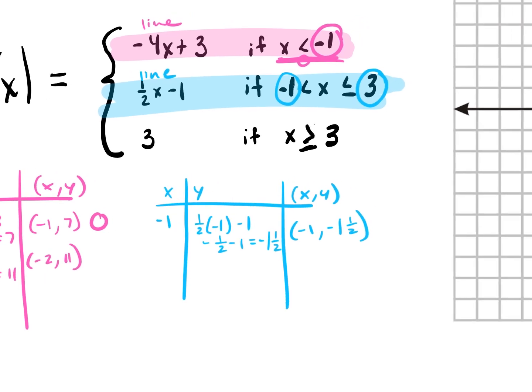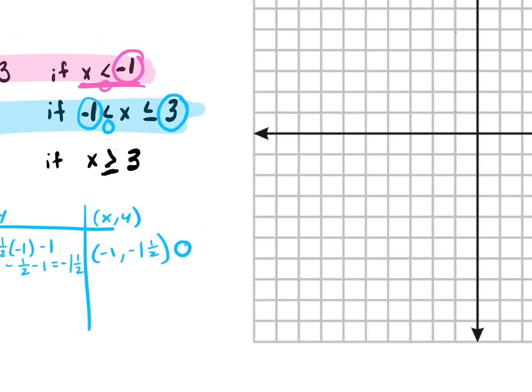At this point, do I have an open or closed circle? Open, because it's just a less than sign at negative 1. So I'm going to go to my graph. I go to the left to negative 1 and down negative 1/2. Negative 1 and 1/2. So that would be here.